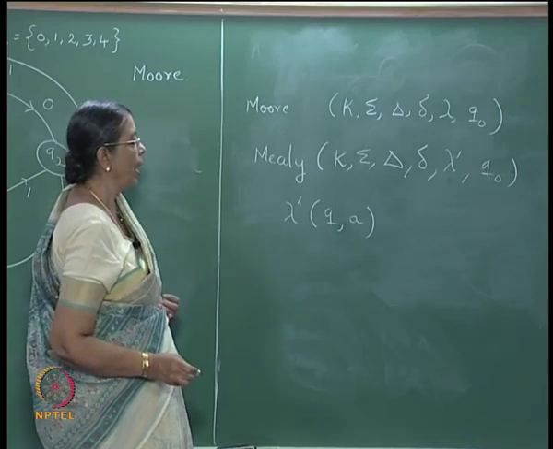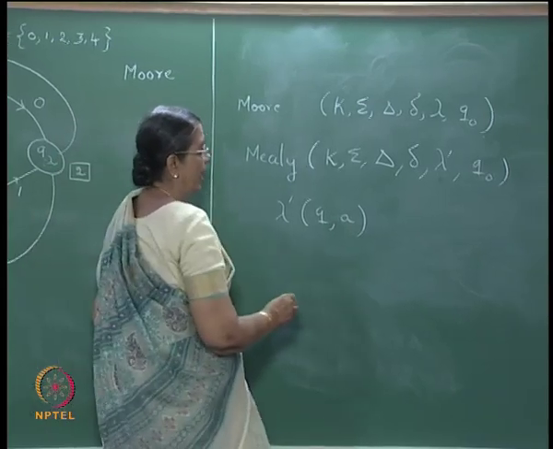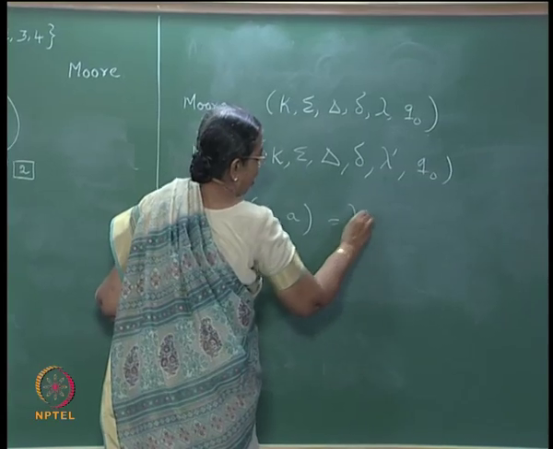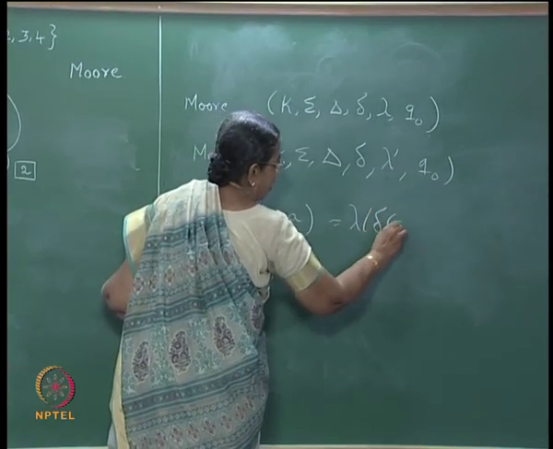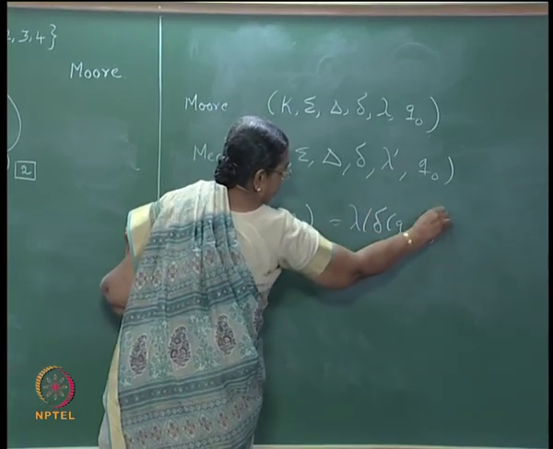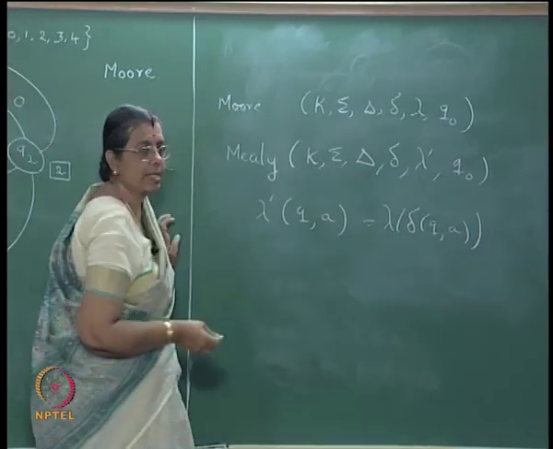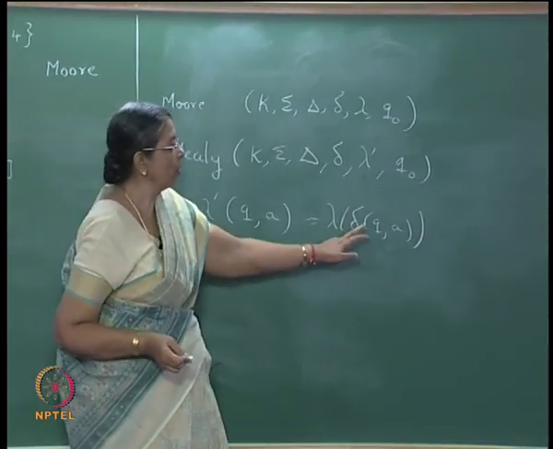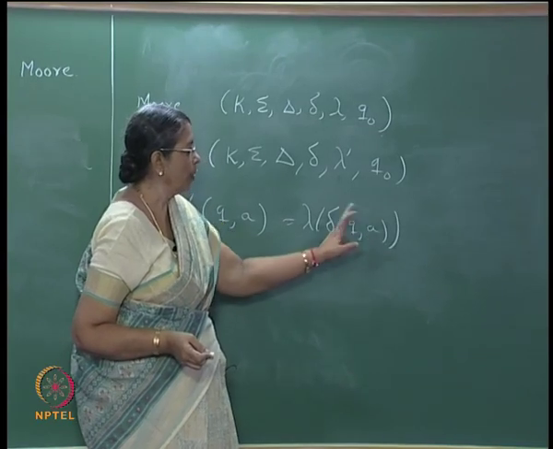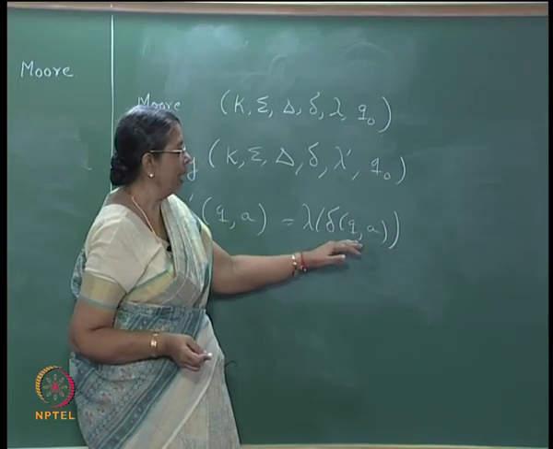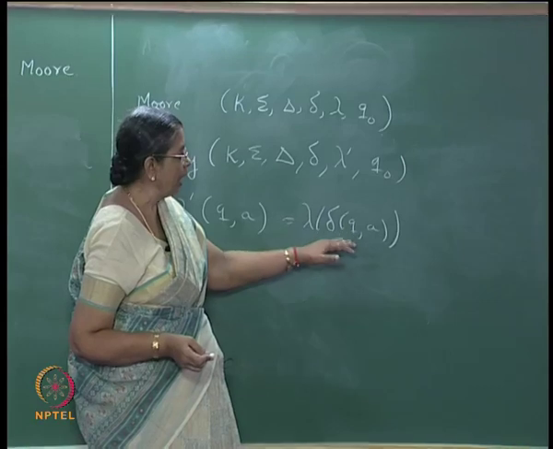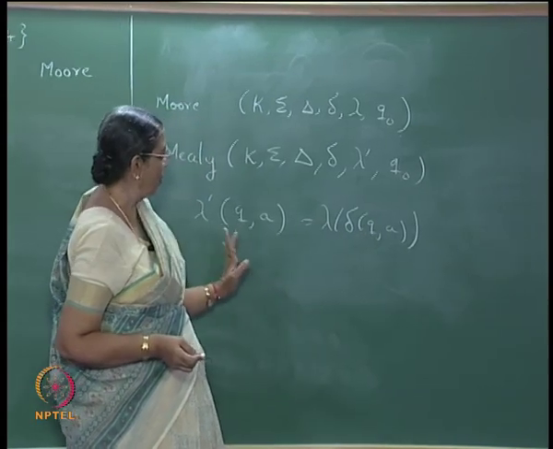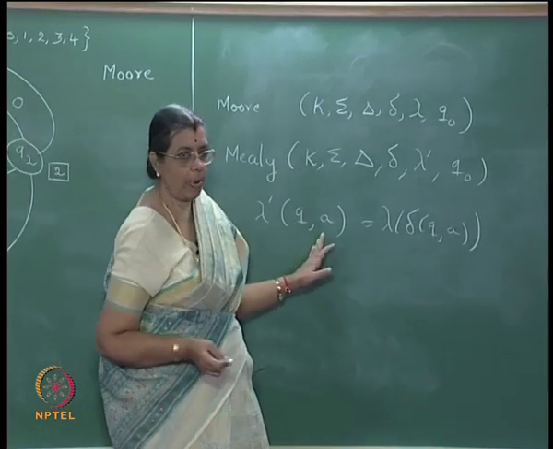So, how do you define lambda dash of (q, a)? It is defined as lambda of delta(q, a). Delta(q, a) is a state. In state q, if you read a symbol a, you go to a particular state, say q dash; the output corresponding to that state is the output for the pair (q, a).